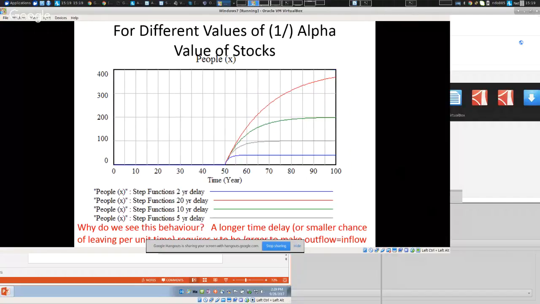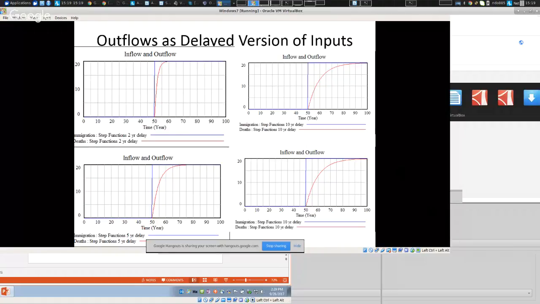So the stock has less inertia. Conversely, we will see that in fact we'll have different equilibria associated with this.